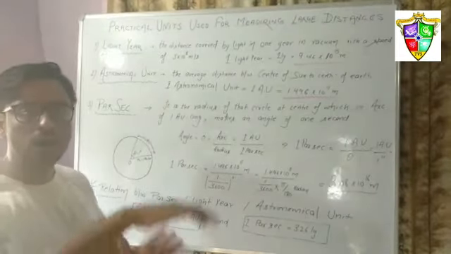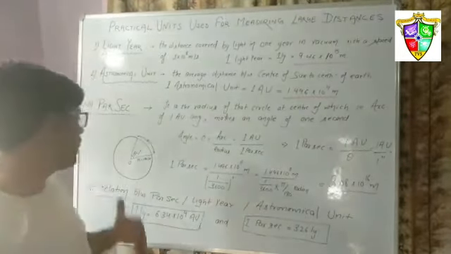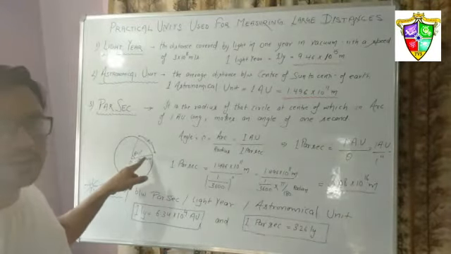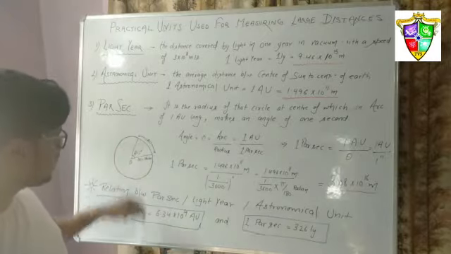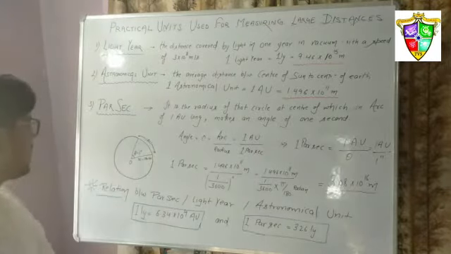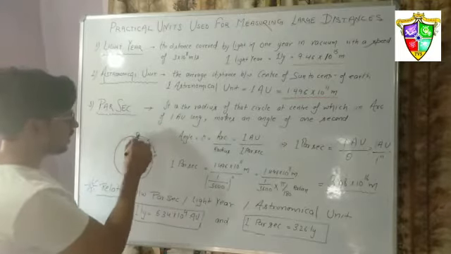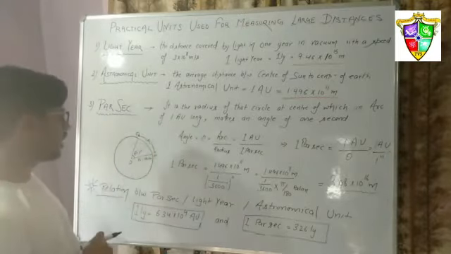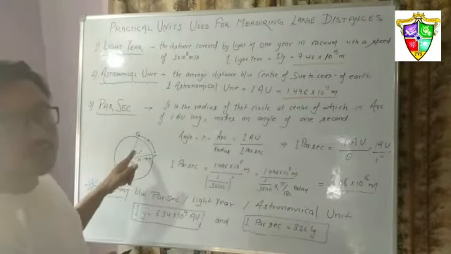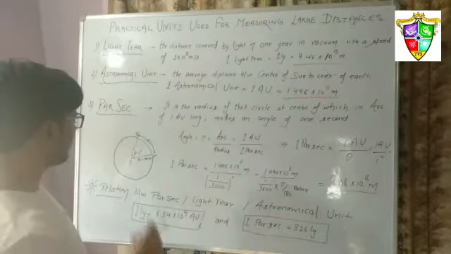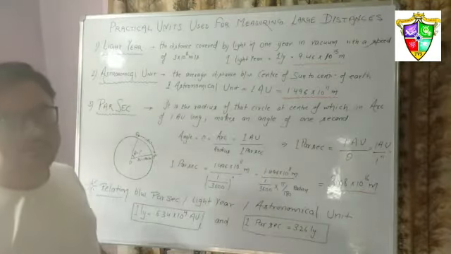Students, angle is equal to arc upon radius, and if angle at center of this circle is 1 second and name of this arc is PQ. If this PQ arc length is 1 astronomical unit and it is making 1 second angle at center, then the radius of this circle is known as 1 parsec.